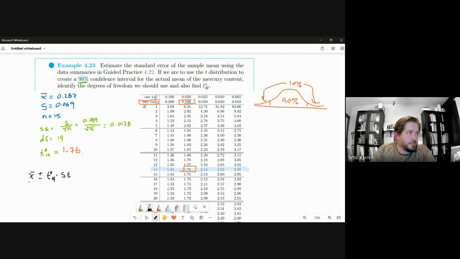So that is 0.287 plus or minus 1.76 multiplied by 0.0178. And that ends up being 0.256 to 0.318.